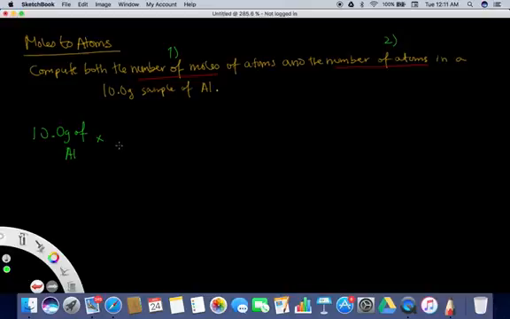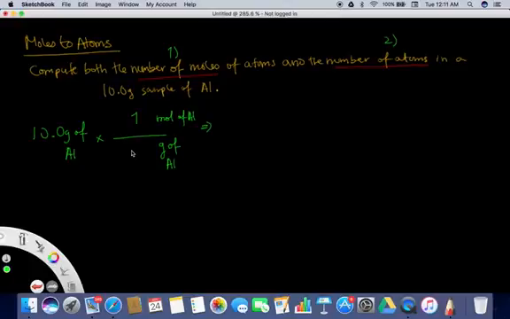Well, is there any gram to mole ratio that we could possibly use to make that conversion? Absolutely there is. If I divide by grams of aluminum, and in my numerator put what I want to find, which is moles of aluminum, I can use that 1 mole is equal to the molar mass of aluminum.